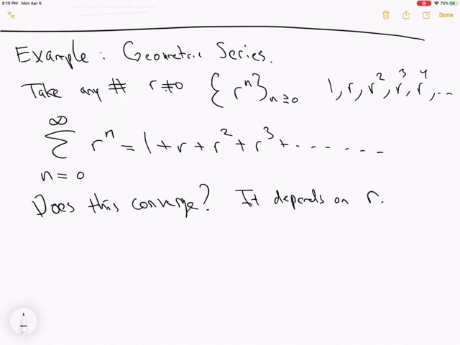And unfortunately, usually that's the only question that you can answer. You can say, yes, it converges, or no, it does not converge. In the case of the geometric series, we can answer more. For certain values of r, it does converge, and we also have a very nice formula for what it converges to, which is really nice.